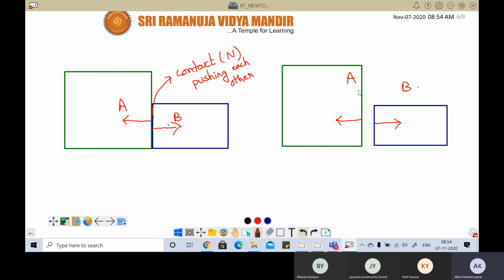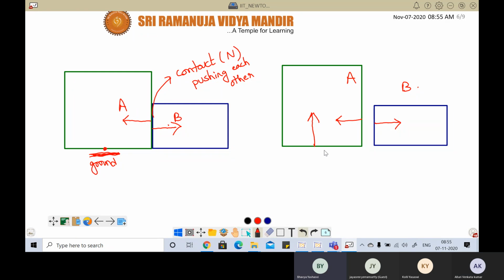Same way, now here also there is a contact between block A and ground. So block A doesn't like ground. What will it do? It pushes downwards, sir. And in turn, ground also doesn't like block A. It pushes upwards. That's all.